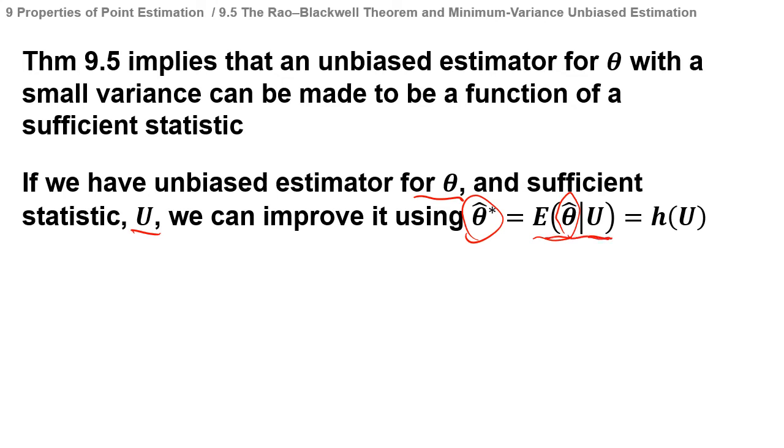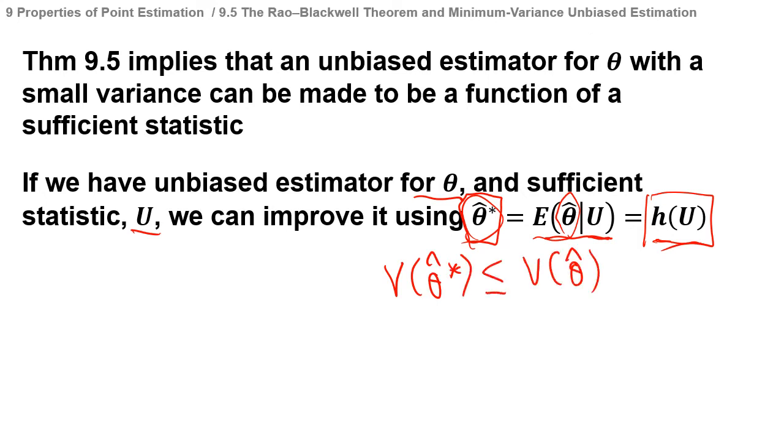And as we know, this conditional expectation is a function of the sufficient statistic, so we can write it as h(U), and by Theorem 9.5, we know that this h(U) has less variance. So zeta hat star has smaller variance than the original zeta hat.